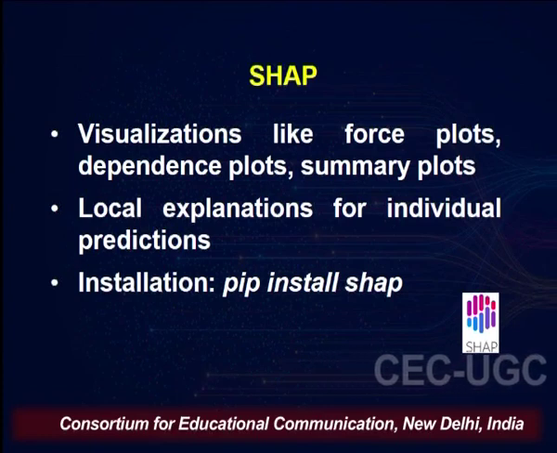When you do pip install shap, it installs all the necessary modules and sub-modules for SHAP, so that you can make use of the visualization techniques, formulations and other things that are coded inside SHAP. And this is the icon for SHAP, as you can see on the screen.